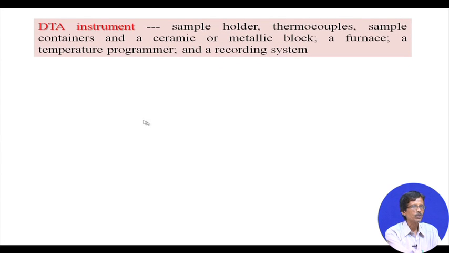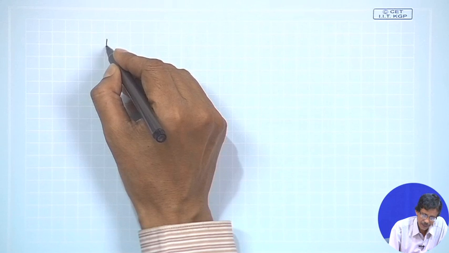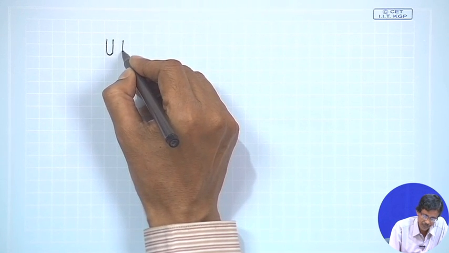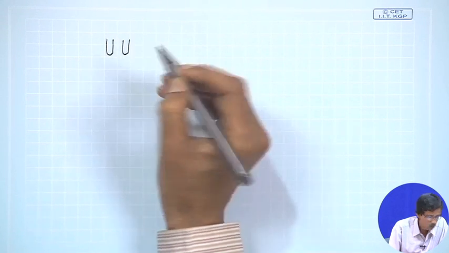What type of instrument can we have? A particular DTA instrument can have these particular components starting from your sample holder. So, how your sample holder will be, that we can see, and earlier we have seen that our main interest is that you have to keep or you have to heat both the sample as well as the reference material together.